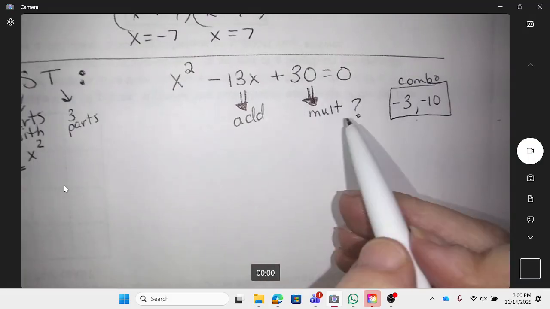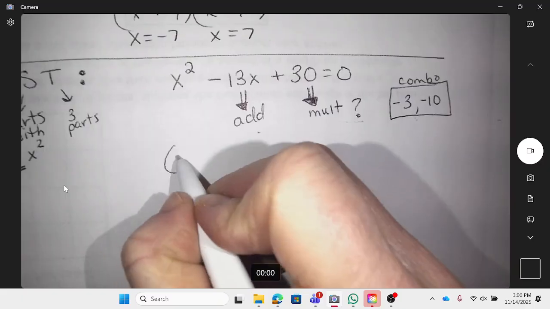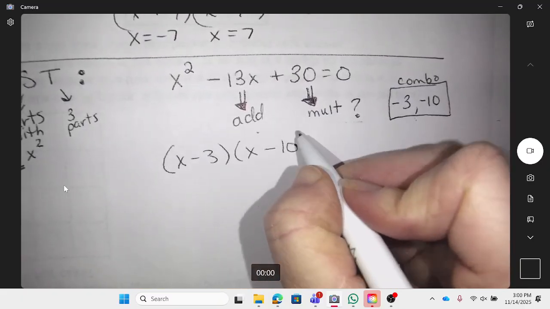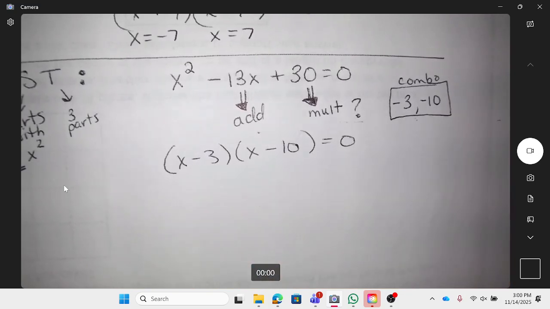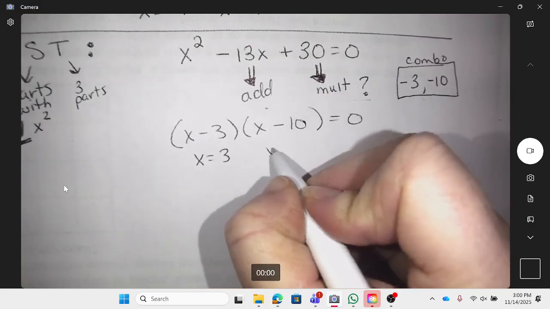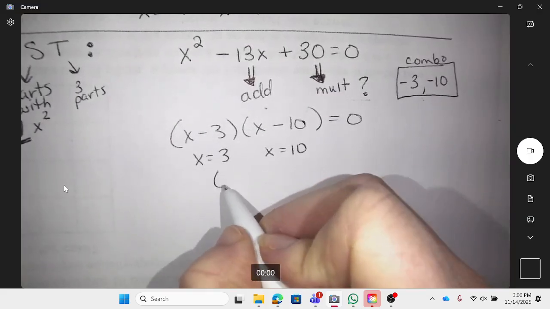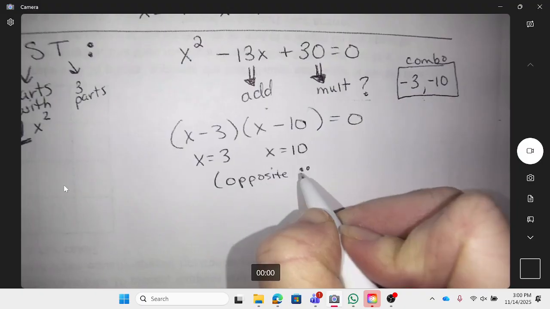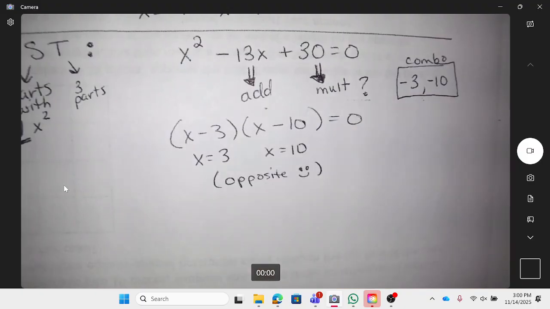Got my combo, so I'm going to go x minus 3, x minus 10 equals 0. Whatever your answers are, make sure they're the opposite thing. So if you have a negative inside the bracket, your answer is actually a positive, or vice versa.